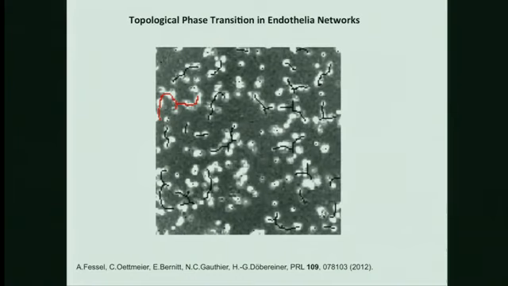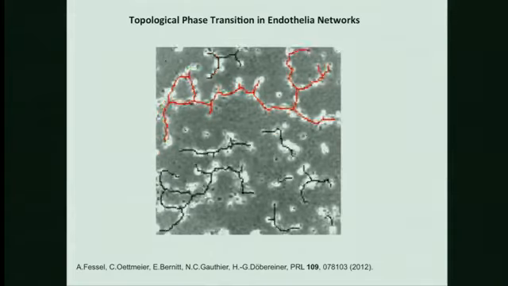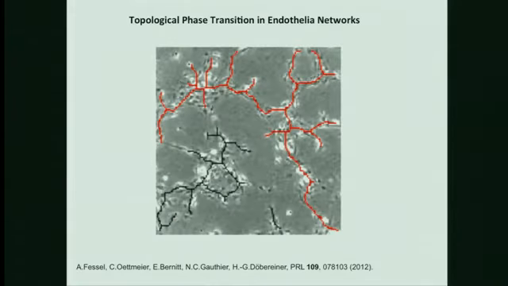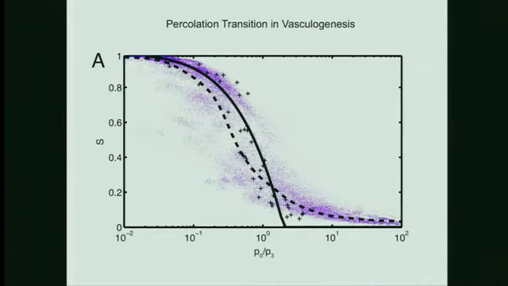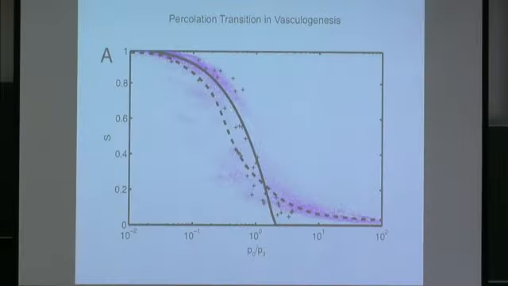If you do the analysis I showed you, you connect into a percolated network. Of course, now we can put this into our graph. The blue one was the slime mold. The crosses are the data of the movie I just showed you.